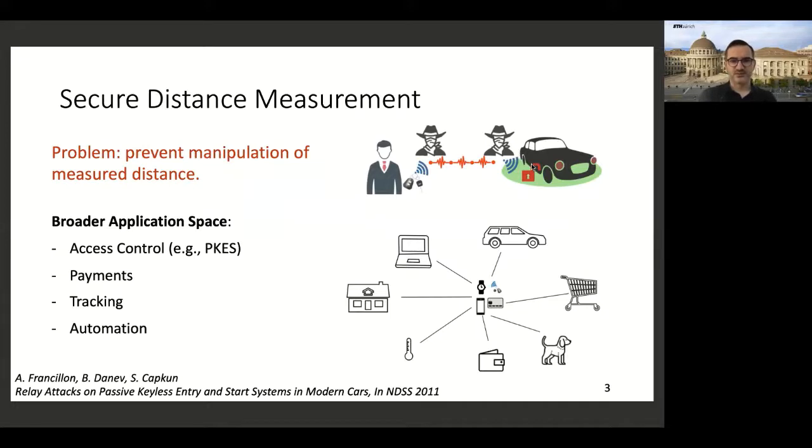If we want to build a secure distance measurement system, we want to prevent the manipulation of measured distance. Now, in most scenarios, be it payments or physical access control to locks and cars, this problem is essentially one of preventing distance reduction rather than preventing distance enlargement.